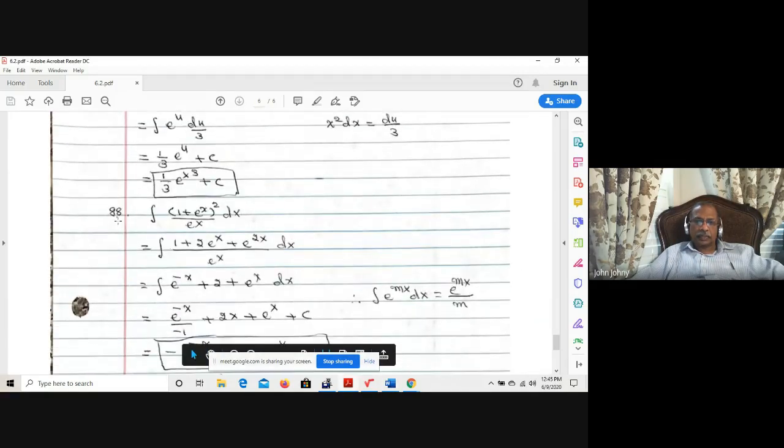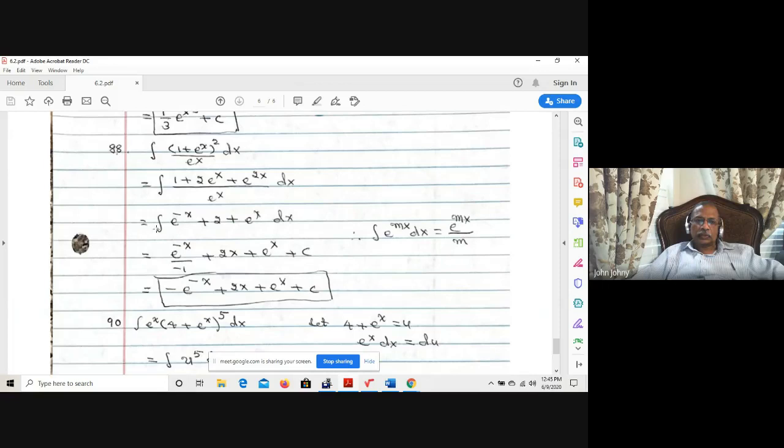Okay, next one, 88. 1 plus e to the x, the whole square, divided by e to the x. So you expand the numerator. That means 1 plus e to the x the whole square is 1 plus e to the x times 1 plus e to the x. You FOIL and combine like terms. You get 1 plus 2e to the x plus e to the 2x, all divided by e to the x.